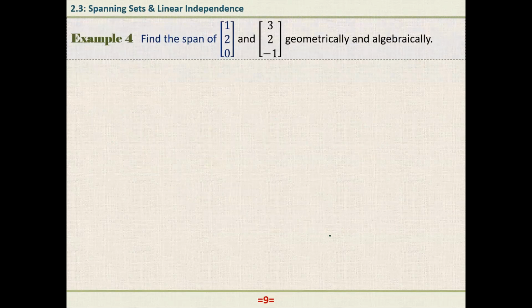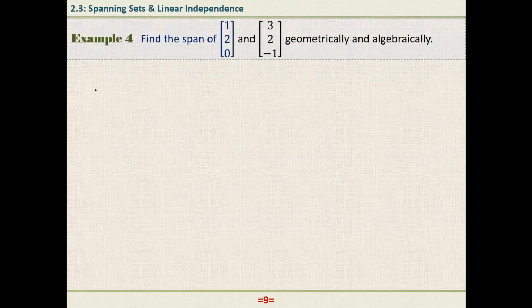Next, find the span of these two vectors, 1, 2, 0 and 3, 2, -1. What does it mean? It means, what do actually these things represent?